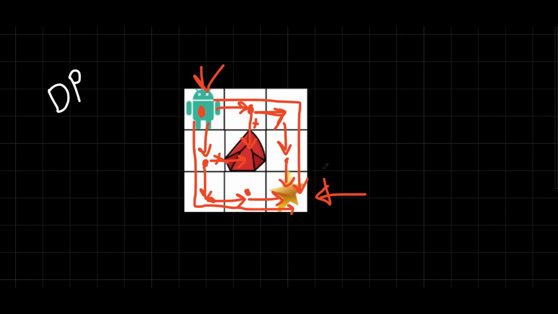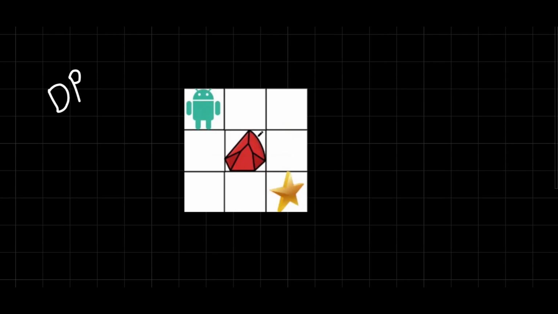Now, we can solve this kind of problem by using dynamic programming. At first, try to understand why this kind of problem can be solved using dynamic programming. Because in this problem, in each step, the robot has two choices. Either it can go downwards, or it can go to the right side.